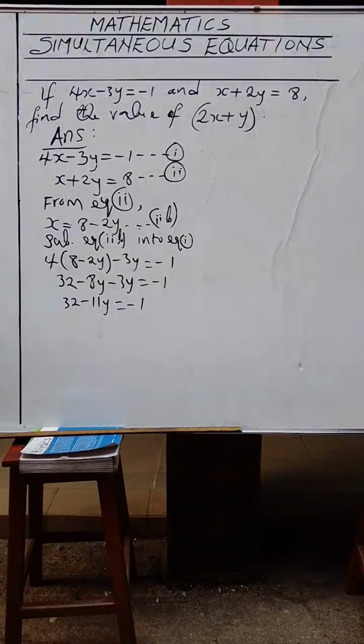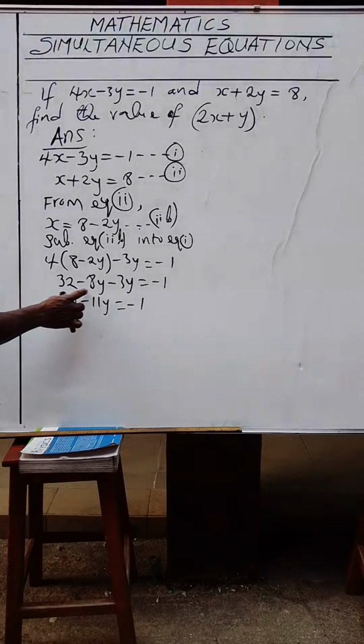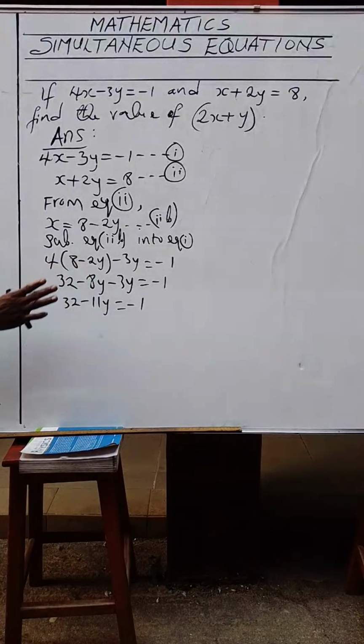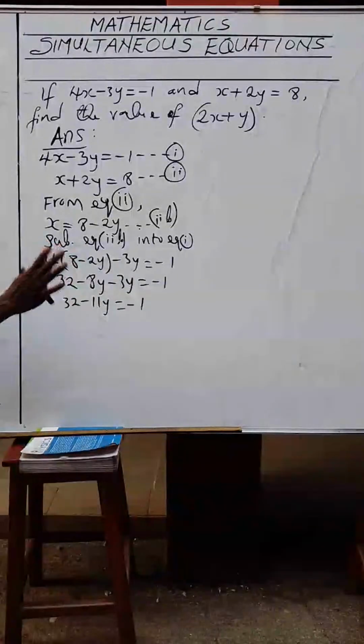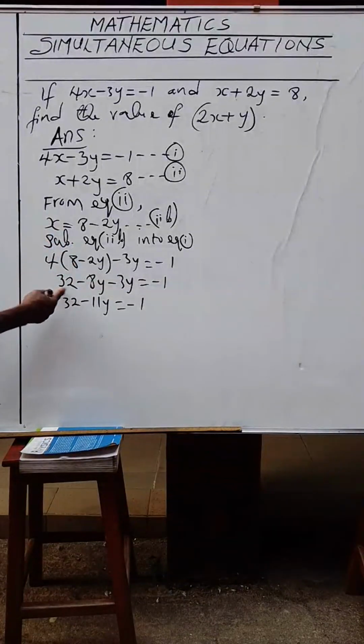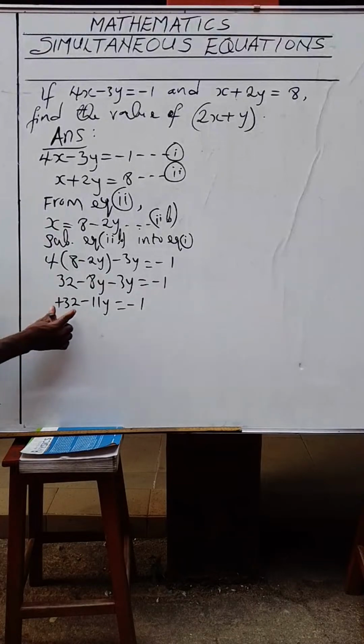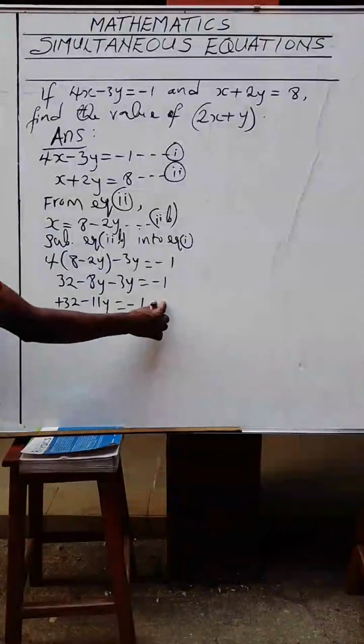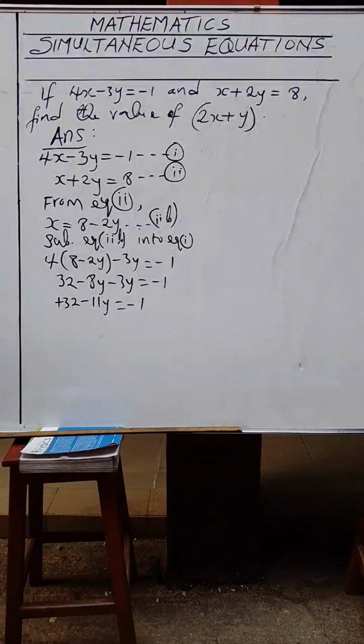We can proceed. We don't need to waste any more time. I hope we are correct. 4 times 2 is 8, yes. Then 8 times 2 is 16, so 16 times 2 is 32. So we are very accurate. So we take this 32 to the other side, the right hand side.